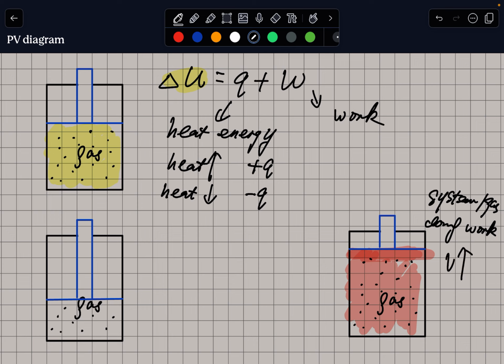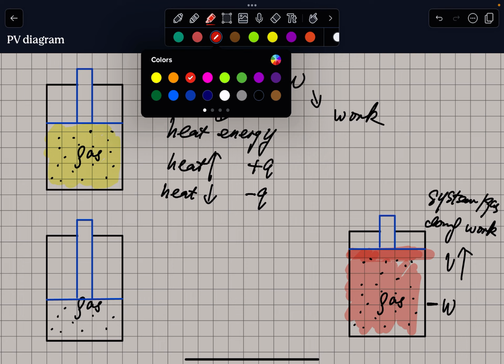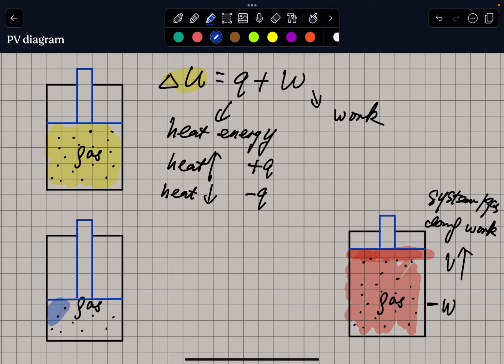So on the MCAT, when you see the volume of the system increase, then you know the system did some work. And because the system did some work, we can intuitively think that the system must lose some energy. So in this case, W, the thermodynamic energy, is lost in some way, so it's a negative sign, okay? Whereas on the other hand, if you see the picture on the left, it's the surrounding, it's my hand that's doing work on the system, on the gas.